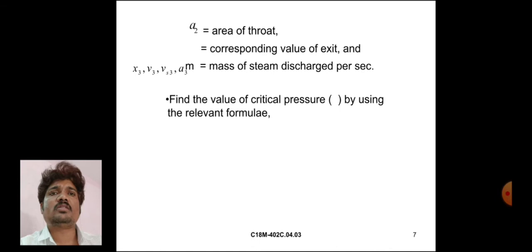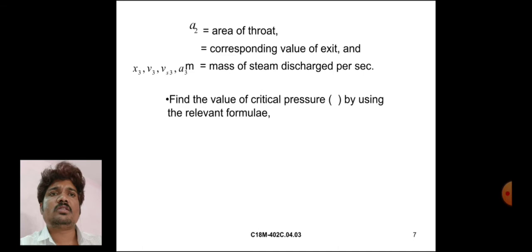X3 is the dryness fraction of steam at the exit position, V3 is the velocity of the steam at the exit position, VS3 is the specific volume of steam at the exit position, and A3 is the area at the exit position.